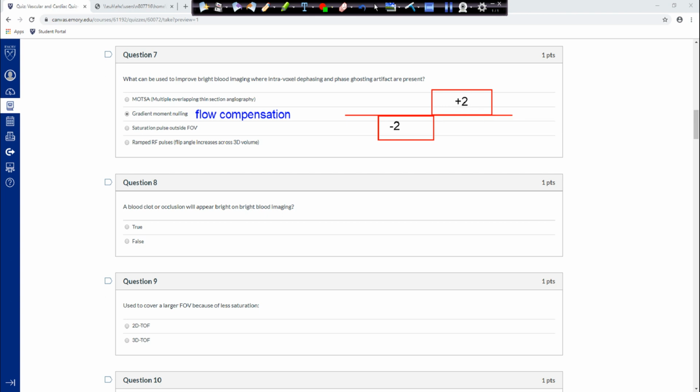And that's so that our moving spins have the same phase position as their stationary spins. So we don't actually lose signal from our flowing spins. So if we draw our little clock here, we start off at 12 o'clock, we want to end at 12 o'clock.